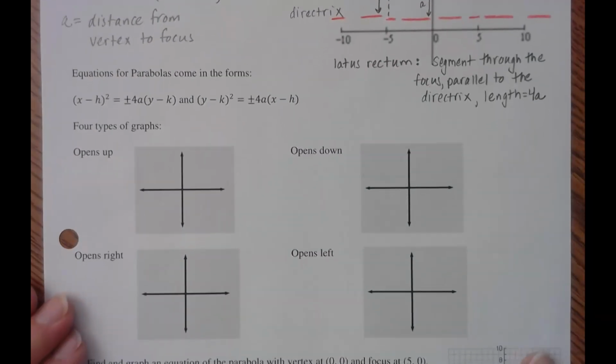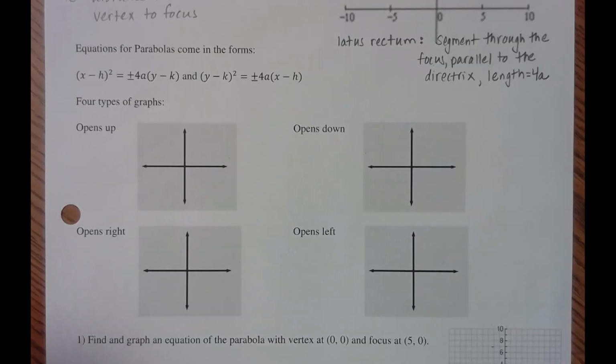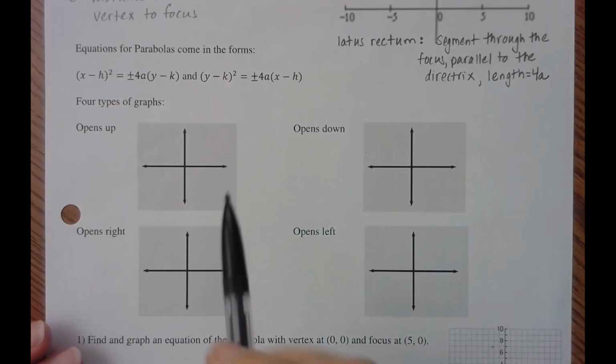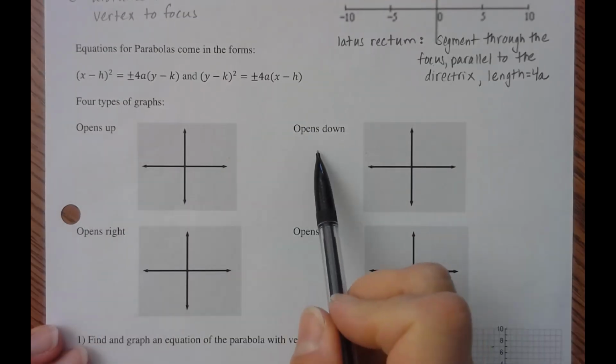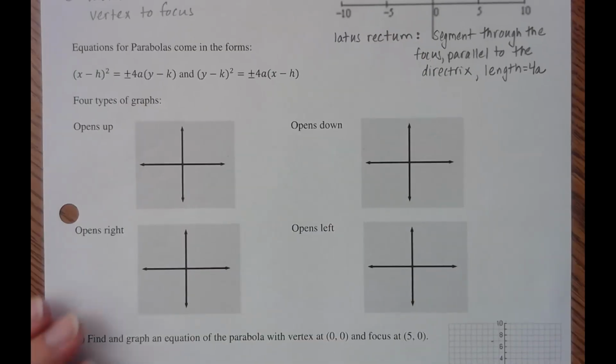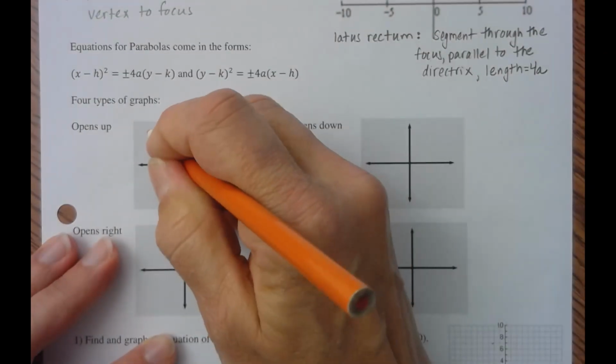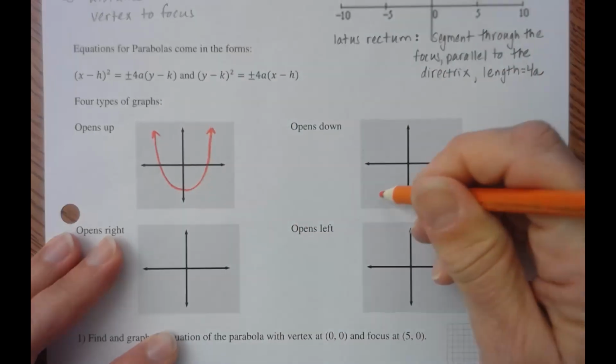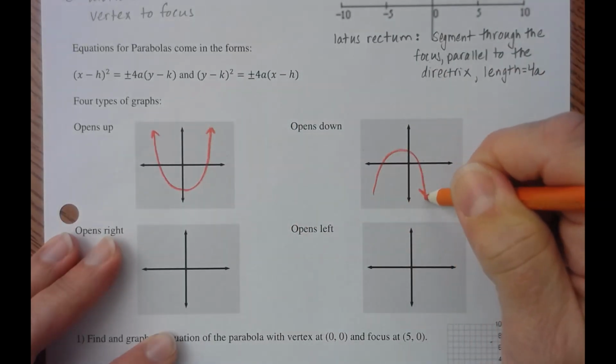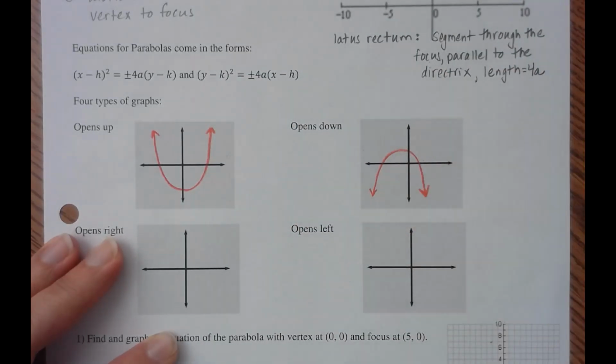So our parabolas come in two different forms. Opening up and down, which we've seen before. So the parabola opens up, the parabola opens down. The vertex can be all over the place.